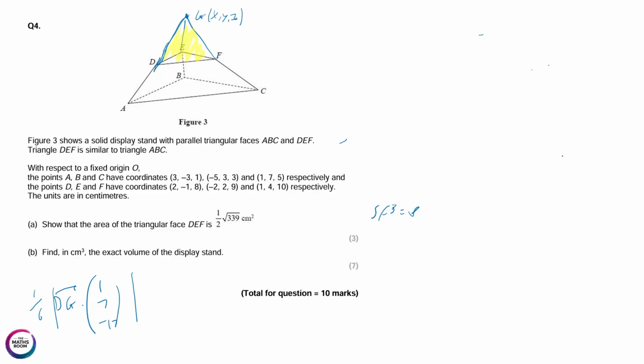So it's going to be point A, which is 3, -3, 1, plus some constant of the vector AD, which is D minus A, which is -1, 2, 7.